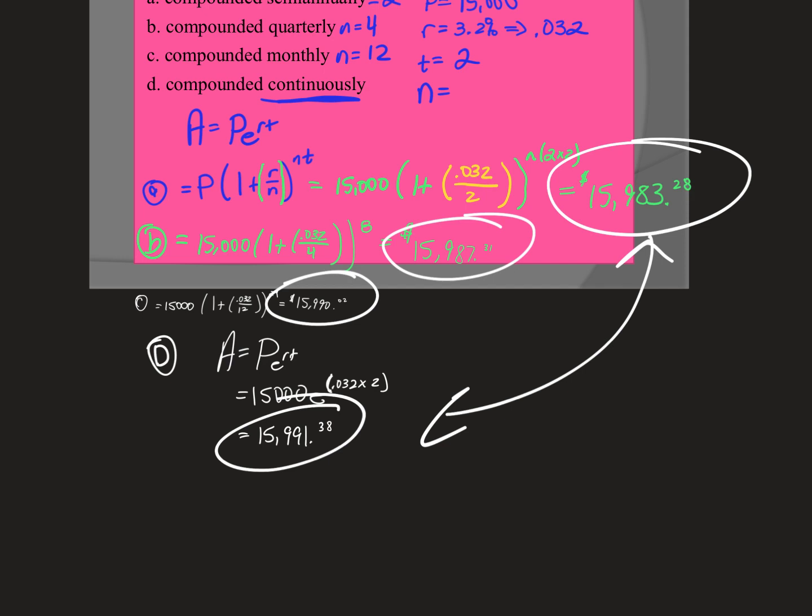I get answers all the time. The first one is $15,983. Then you do continuous and you come up with $1.3 million. If your numbers are that far off, you should go, wait a second, maybe I forgot to move my decimal point, or maybe I forgot an extra 0. You need to check to make sure that it makes sense.